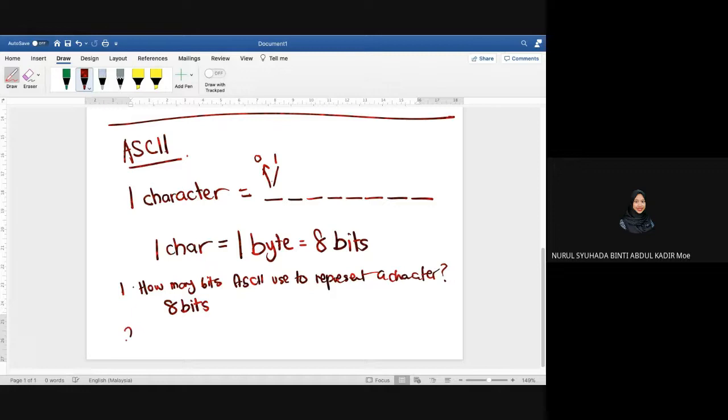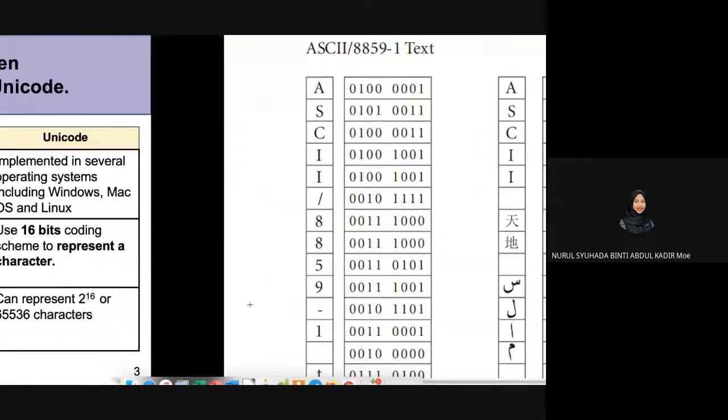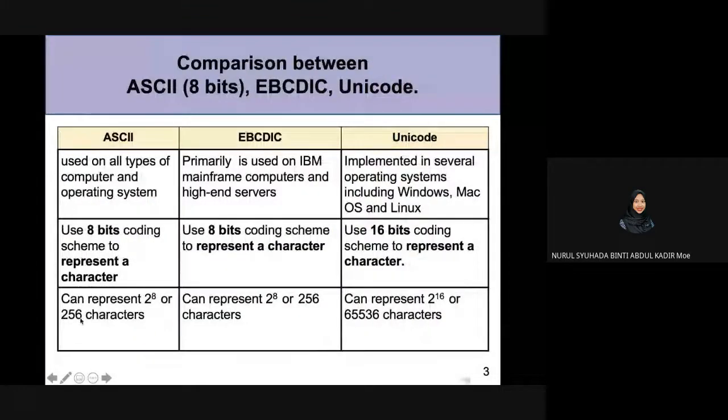Alright, and then the second one, kalau dia tanya, how many characters can be represented in ASCII. Kalau yang ini, jawapan dia adalah ini, 256 karakter.